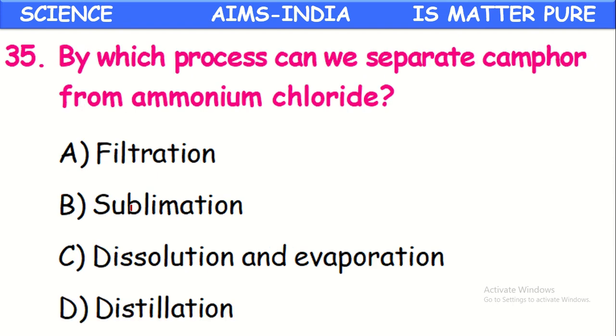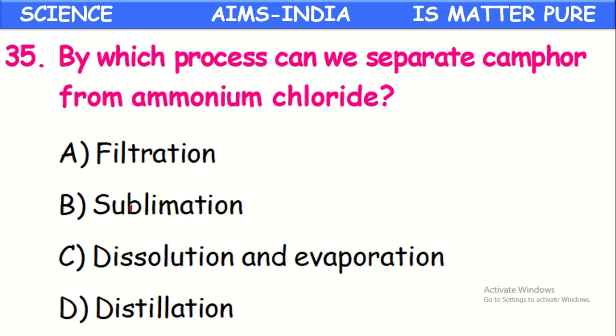Next, by which process can we separate camphor from ammonium chloride? Here, if you see, both the components are solids and both are sublimable solids, then we cannot follow the sublimation process, isn't it? If we follow sublimation, what happens? Both the components will sublime, so we cannot separate them.